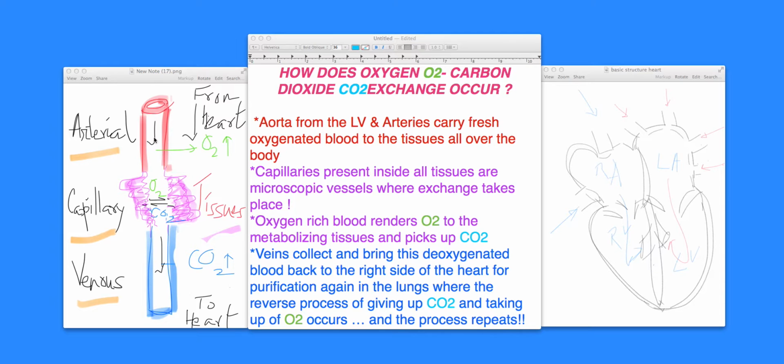The arteries, as they distribute into various organs, reach the capillaries, and the tissues are metabolizing. Your heart muscle is using up oxygen, your liver and spleen are digesting, your upper and lower body are exercising, walking, running, etc. So they're constantly using up oxygen.